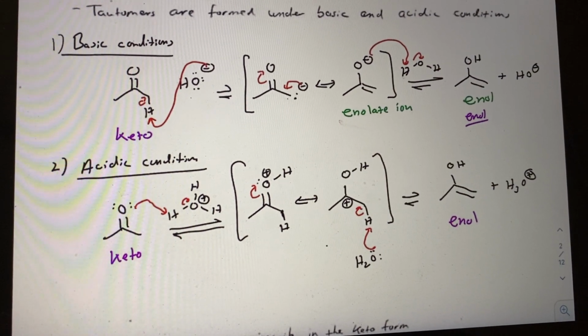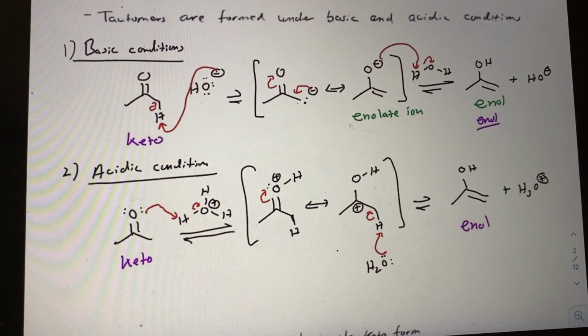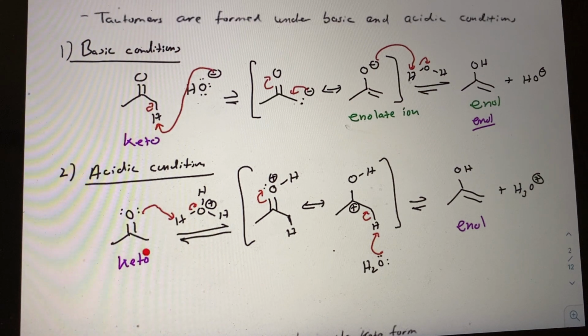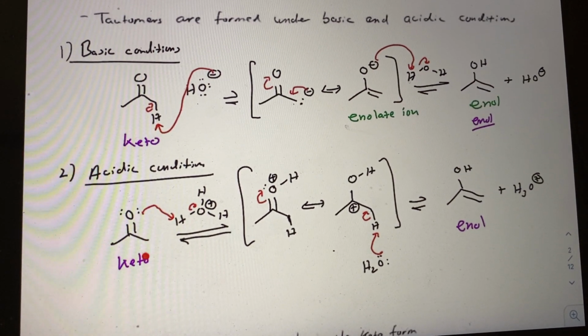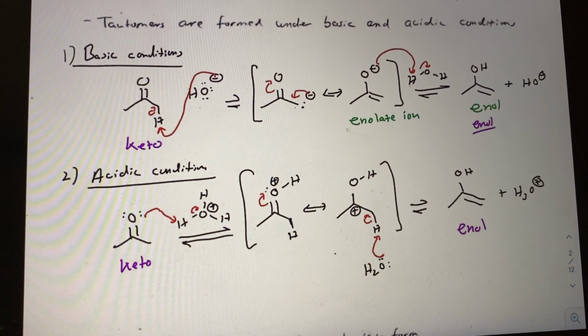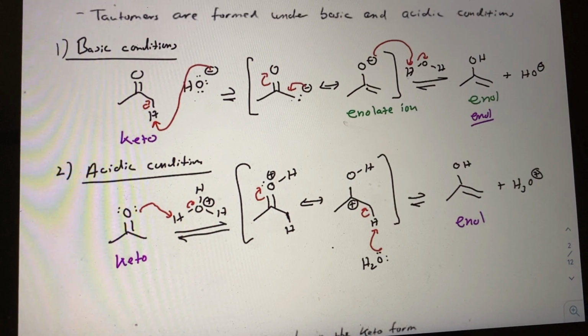And the relationship between these two compounds is that they have the same formula, but they have a hydrogen in a different place. So it has a hydrogen down here, and under the acidic conditions, the hydrogen connected to the oxygen. So they would be constitutional isomers because they have the same formula, but a different connectivity.